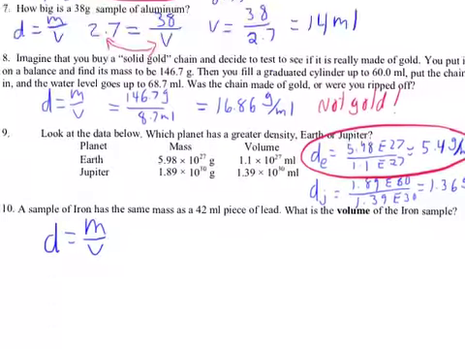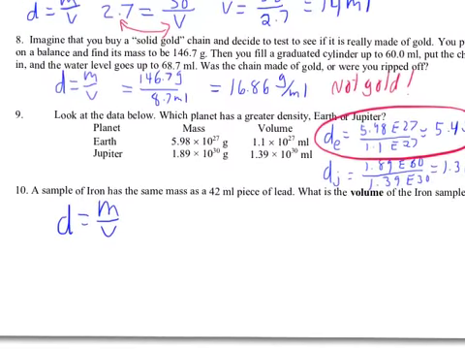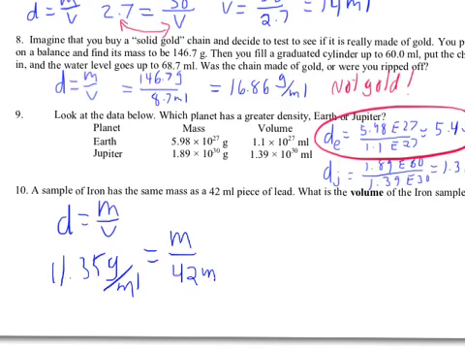Okay. So I'm going to say 11.35 grams per milliliter equals the mass over 42 mLs. And when I solve that, I have to undo what's being done to m. We're being divided by 42, so I have to multiply both sides by 42.